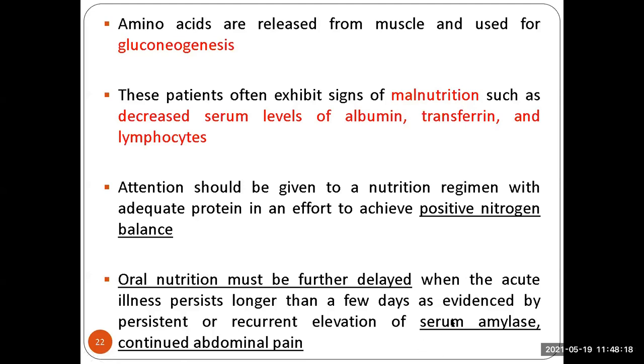So basically, these are the two symptoms. If the amylase levels are high in the blood and abdominal pain is there, then oral nutrition should be withheld, and the nutrients should be provided in their pure form intravenously.